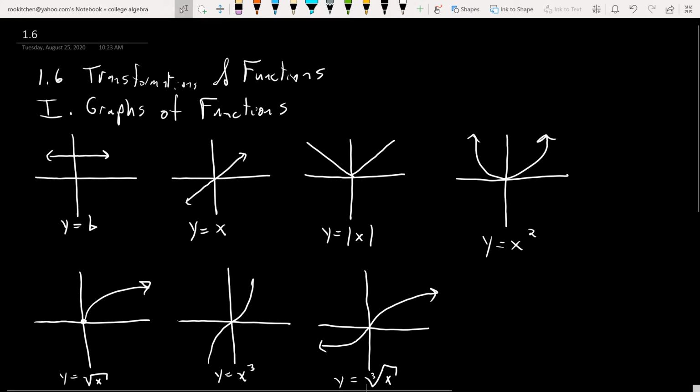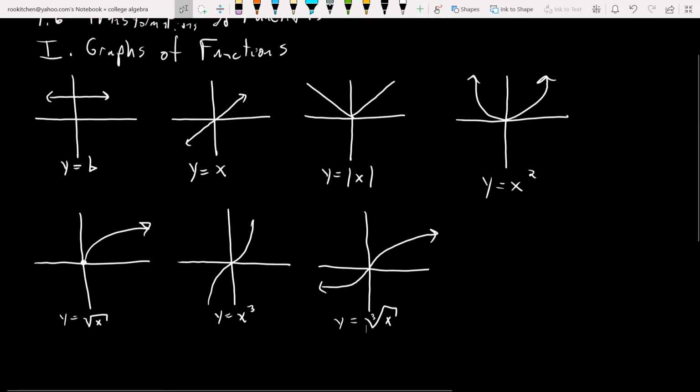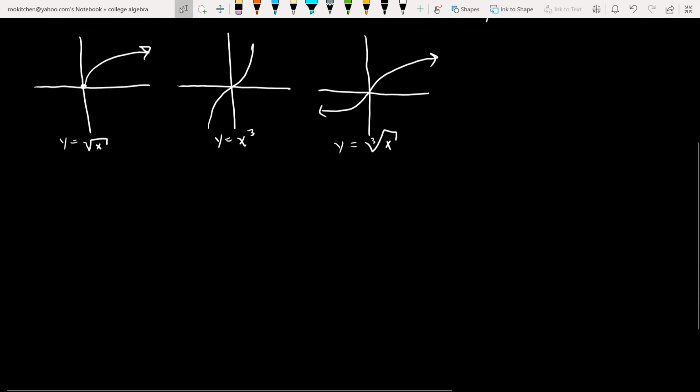If you take trig, you'll add cosine, sine, and tangent. And later on, we'll get the exponential and the logarithm. To graph other ones, you'll have the picture in your head, and you can just use transformations. You'll be able to produce an infinite number of graphs.